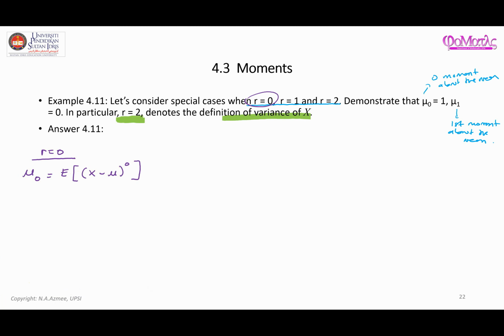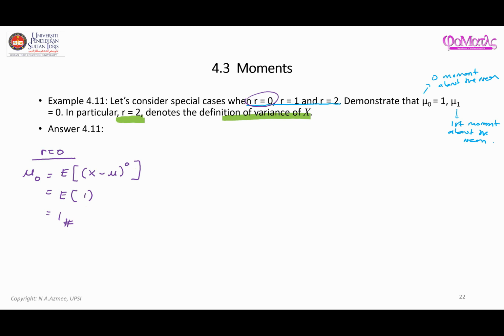So this is the definition. And then we know that anything with exponent 0 is going to be equal to 1. Okay, and so the expected value of the constant 1 is going to be equal to 1. So there you go. r is equal to 0. The result here is 1.